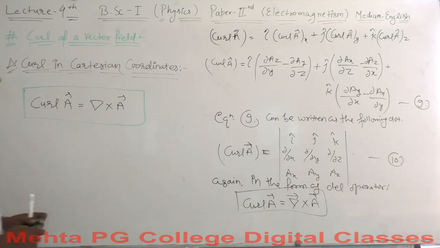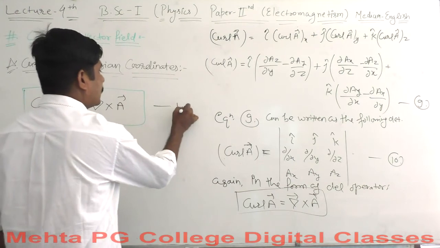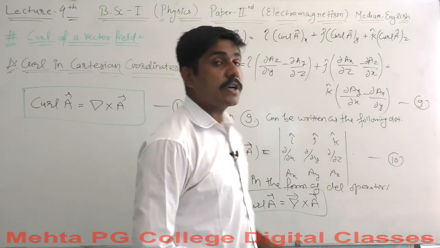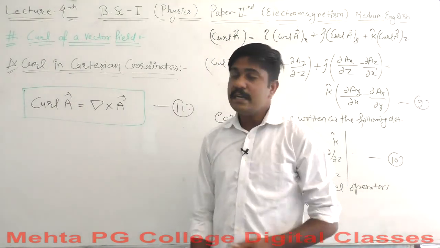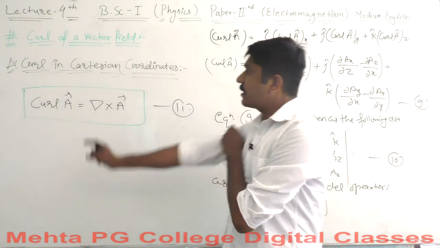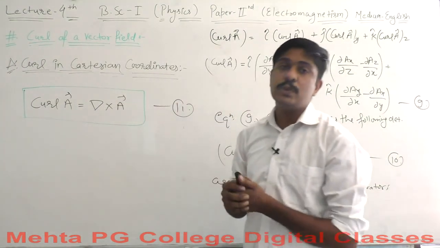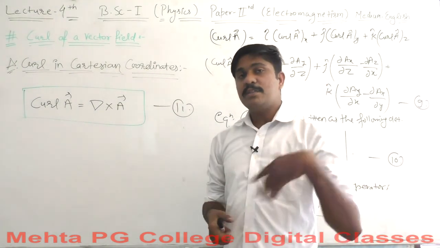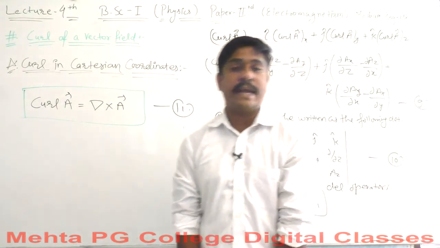The curl of a vector field, the vector field A, is equal to the cross product of the del operator and the vector. In Cartesian coordinate system you can say curl of vector A is equal to the cross product, or the vector product, of the del operator and the vector.